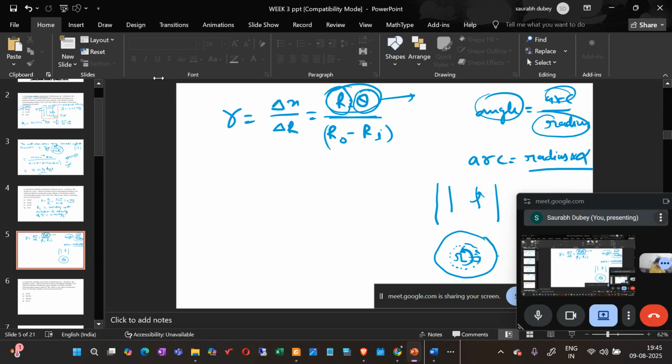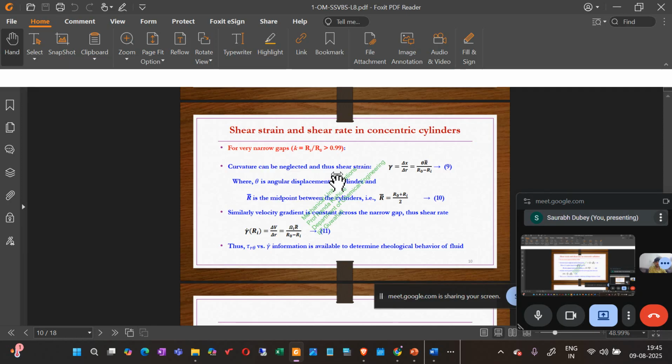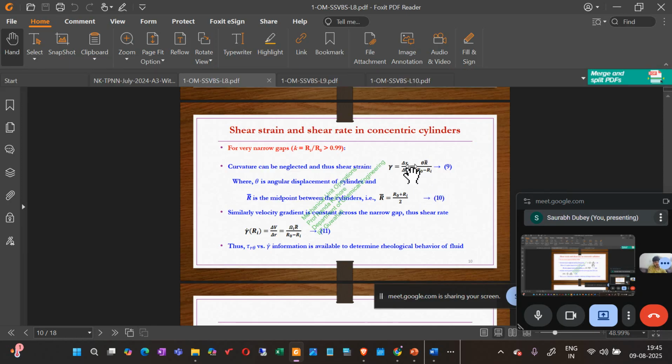Outer radius minus inner radius, which is r0 minus ri, right? So if you see this particular expression, theta r divided by r0 minus ri, so this theta ri you are not taking, where you are calculating your strain at the midpoint between the two cylinders, right?